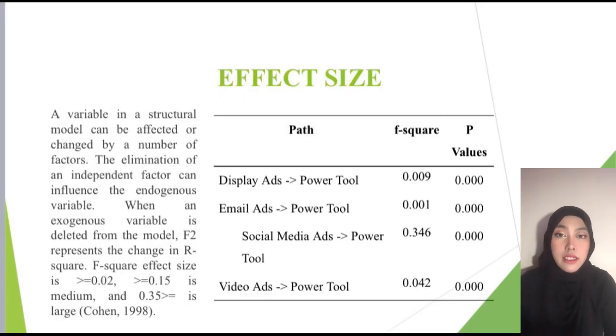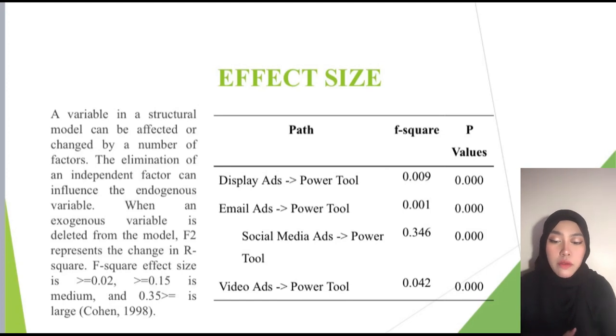Next is effect size, where a variable in a structural model can be affected or changed by a number of factors. When an exogenous variable is deleted from the model, F square represents the change in R square.